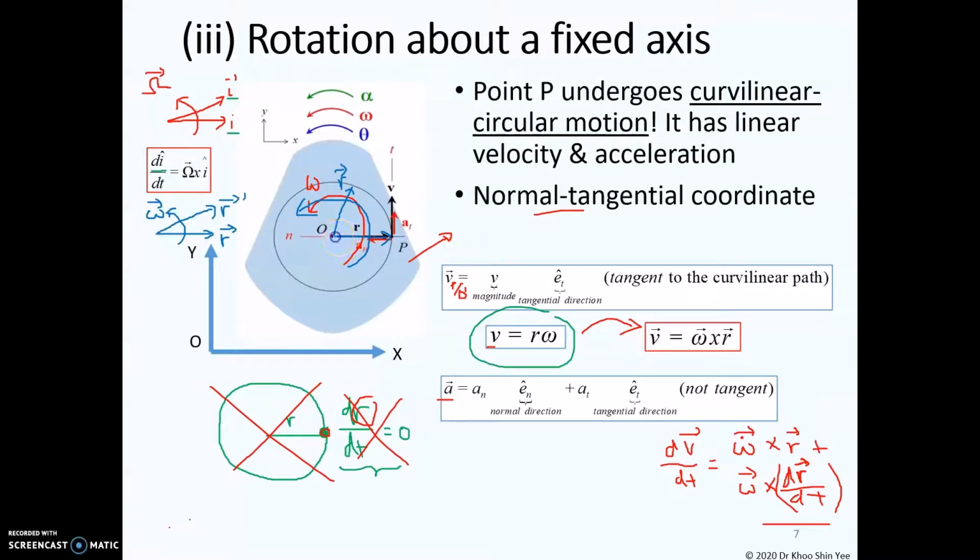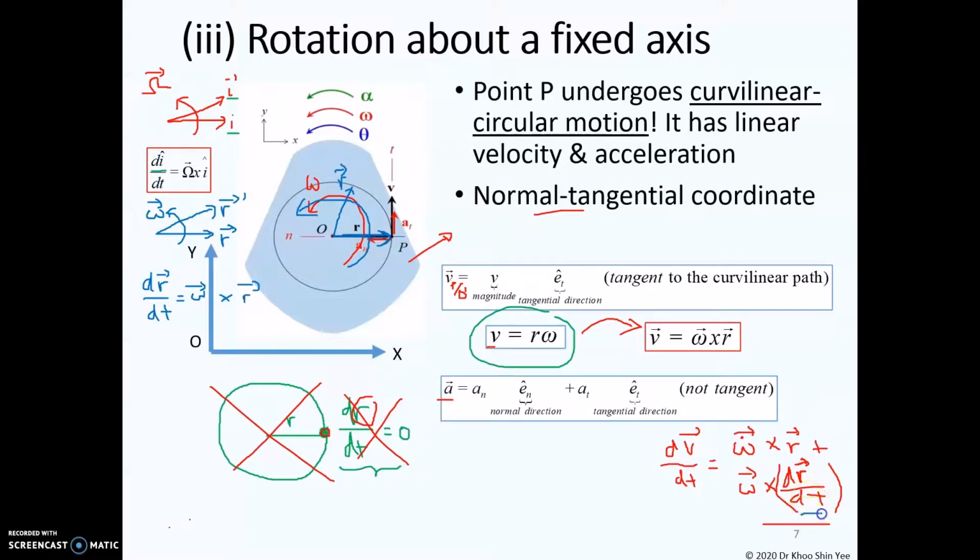In this case, we have the displacement vector r here, which is changing the direction. Therefore, you have the dr with respect to time here, which is equal to the angular velocity due to the rotation for the object, omega, crossed with the r.